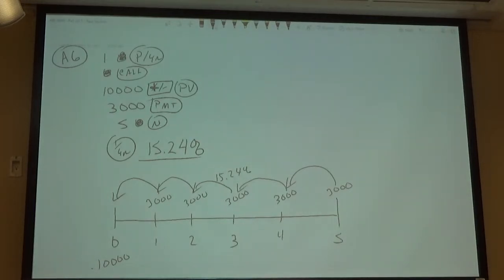Having said all of that, how do we do it on the calculator? Well, believe it or not, there's a function for this: the begin-end function. This particular function is probably where most people get screwed up the most, because they forget to reset it.